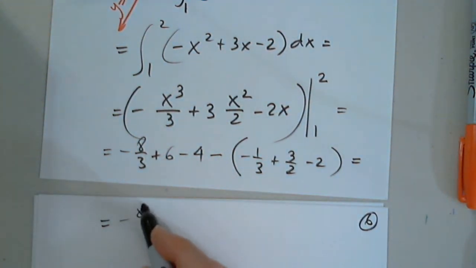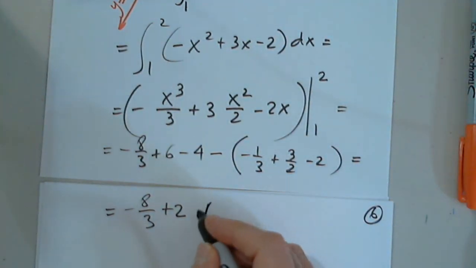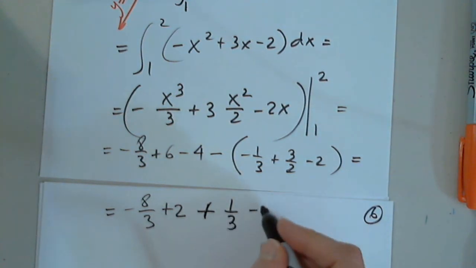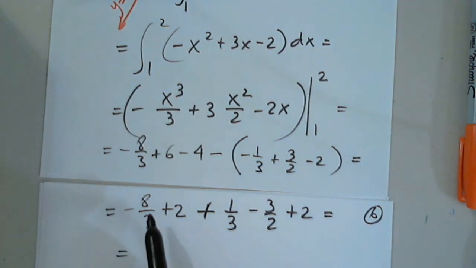Okay, negative 8/3. And then this is plus 2, and this is plus 1/3 minus 3/2, and then plus 2. So negative 8/3 plus 1/3 is negative 7/3. 2 plus 2 is positive 4, and plus 1/3.